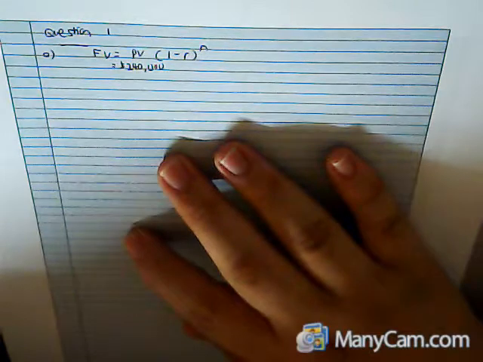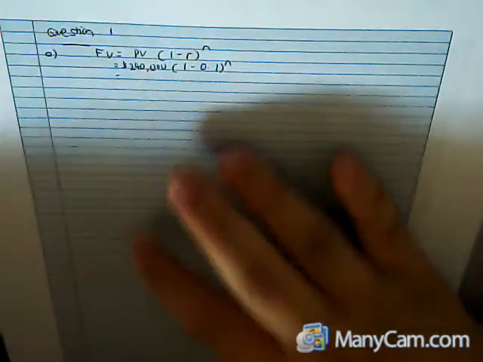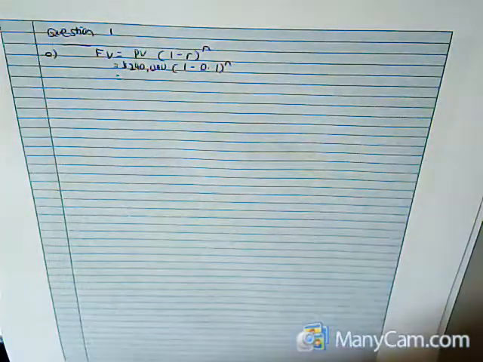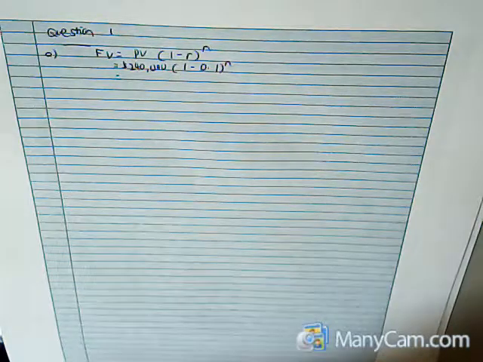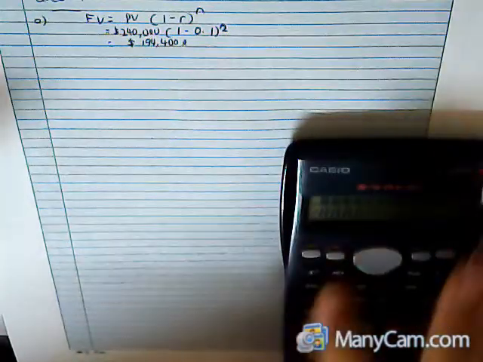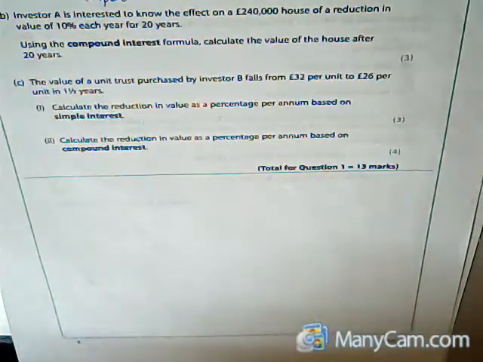The present value is the house value given in the question, 240,000, multiplied by 1 deduct 10% decrease for each year. So class, check the answer. This one is 2 years. The answer we are getting is 194,400. That is the future value for A. Is it okay?